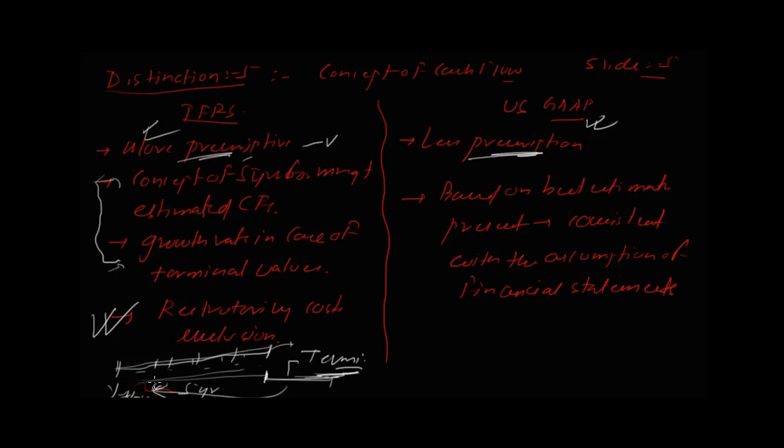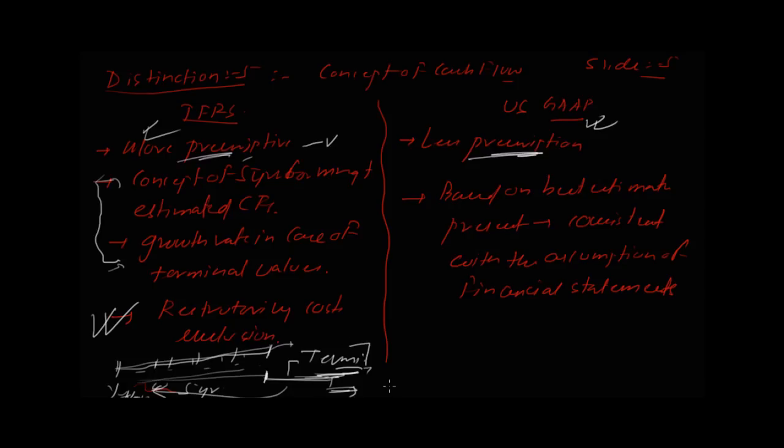So to conclude, IFRS says the management's projections and budget should not exceed 5 years, based on the two-stage model, that is the growth stage and the terminal stage.